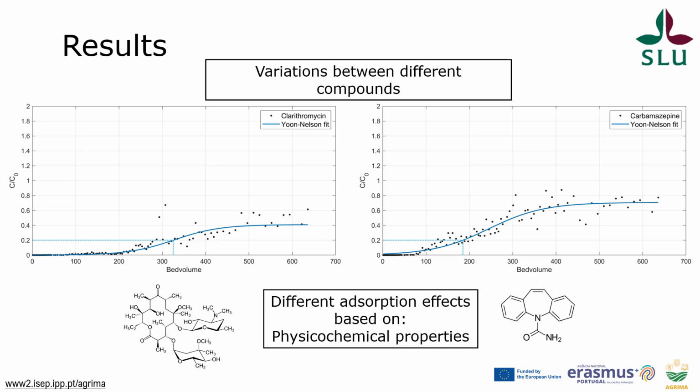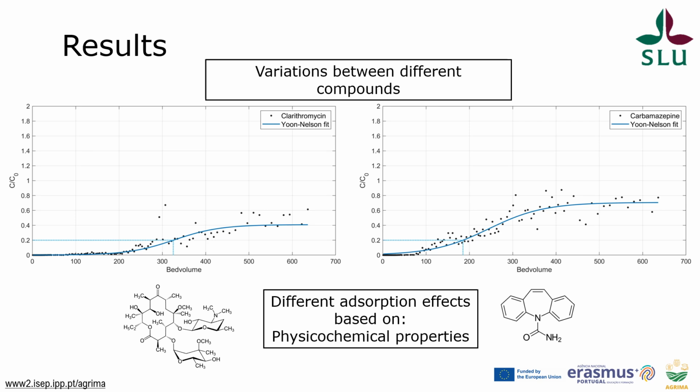If we look a little bit at these pharmaceuticals in depth, we see that the one on the right, carbamazepine, is quite a small pharmaceutical. It has a molecular weight of around 250, while on the left, clarithromycin is a very big antibiotic of above 700 Dalton. So in comparison, we see there's a massive size difference.